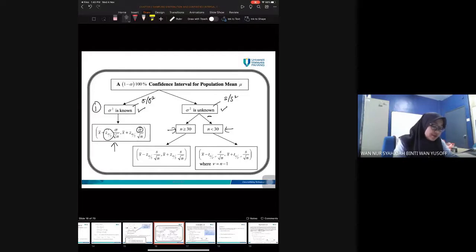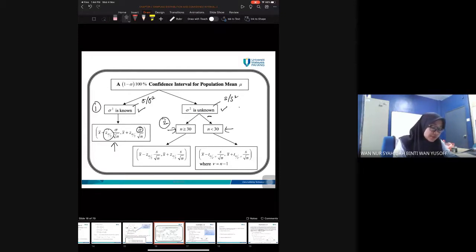Then if unknown, it means we have S or S square in our question, and we need to identify the second condition: whether we have a large n, n greater than or equal to 30, or n less than 30.